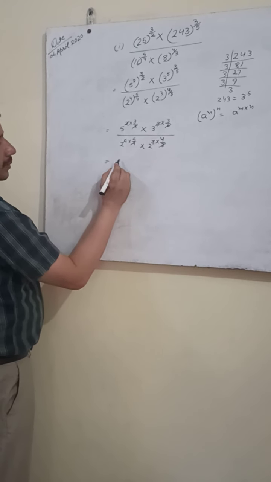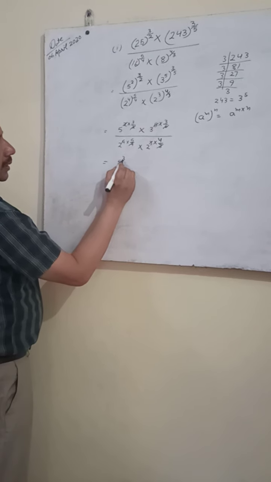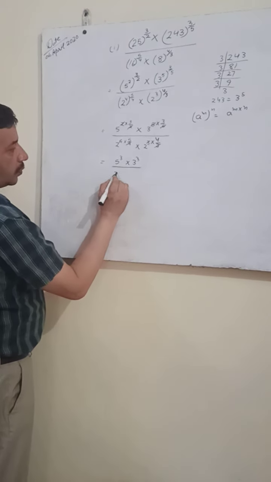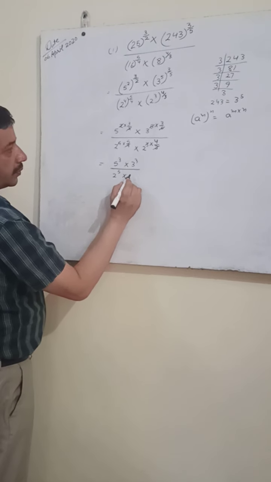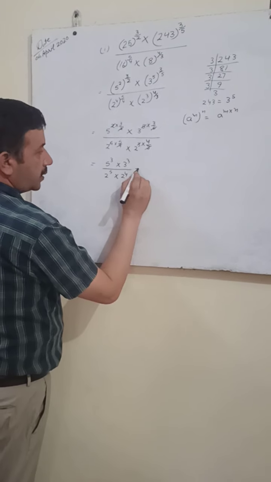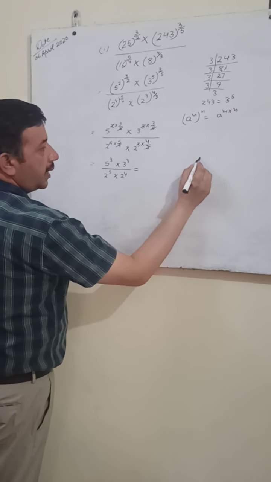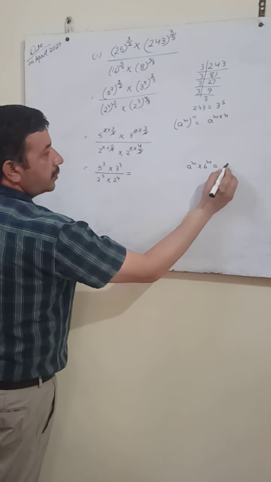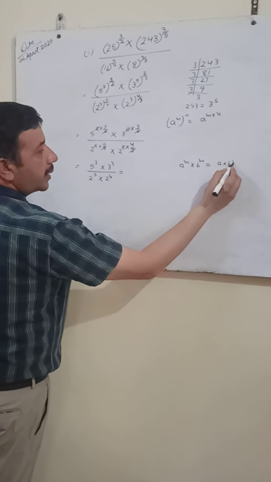We will get 5 power 3 into 3 power 3 whole upon 2 power 5 into 2 power 4. Now again, using laws of exponent, a power m into b power m is equal to (a into b) power m.